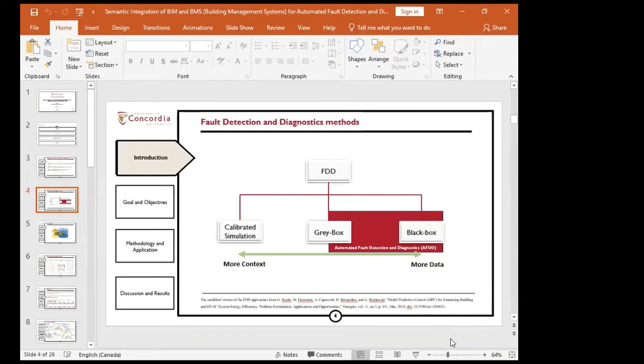Most of the AFDD which I reviewed are purely data, in a sense that they could not relate back to the space that they were serving, or the interrelatedness of those HVAC systems as a whole. I'm not sure if I'm giving you the answer that you're looking for, but that's my opinion right now.